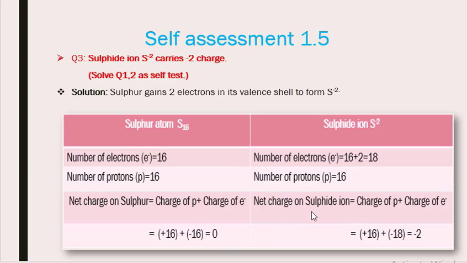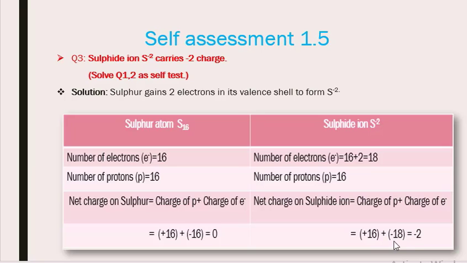On the other hand, the net charge on sulfide ion will be calculated by the same formula. Putting the values, due to 16 protons, the positive charges will be positive 16. And as there are 18 electrons, so the negative charges will be negative 18. Now taking the algebraic sum, we know that positive plus and minus will make minus.